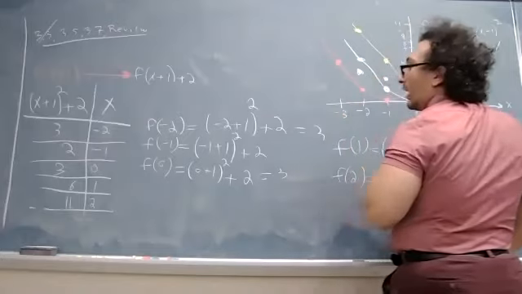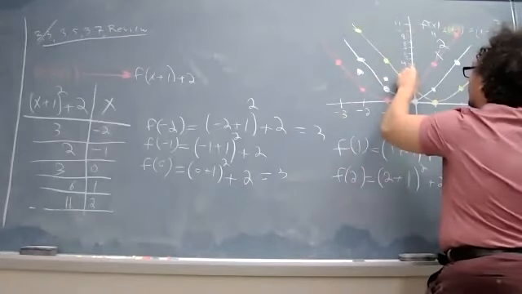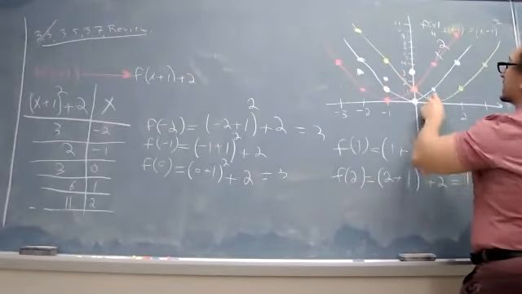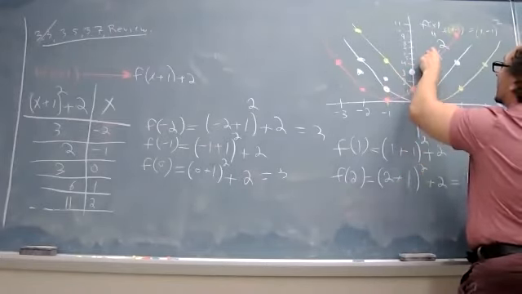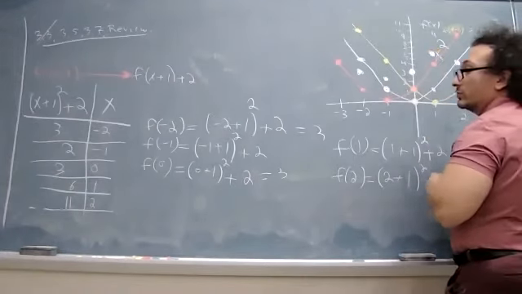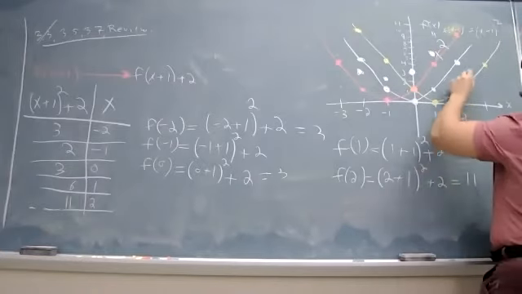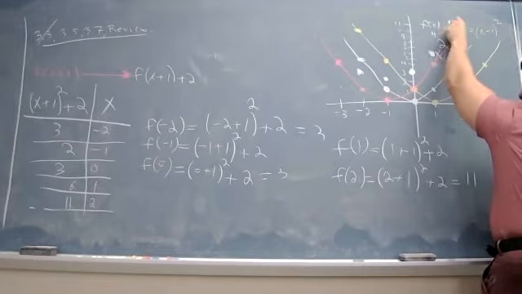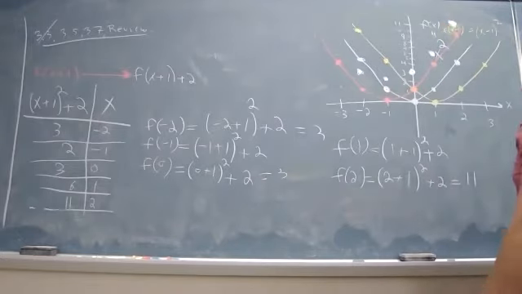I go to 0, I find a 3, and I put a dot. I go to 1, I find a 6, so I'm going to put a dot. I go to 2, I find an 11, and I'm going to put a dot there. Now I'm going to connect these dots.